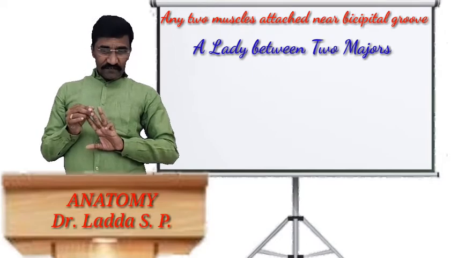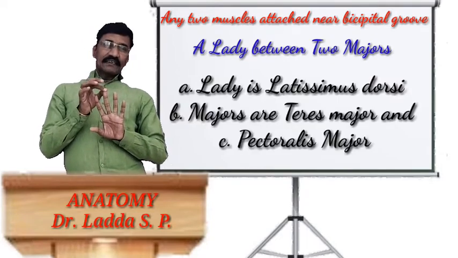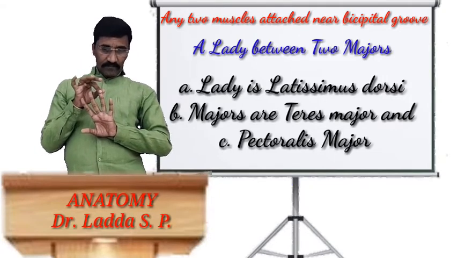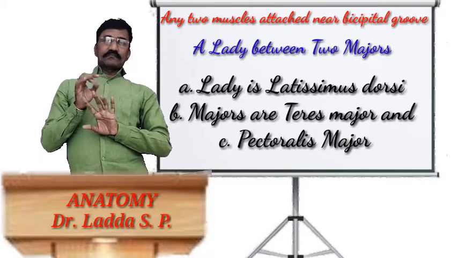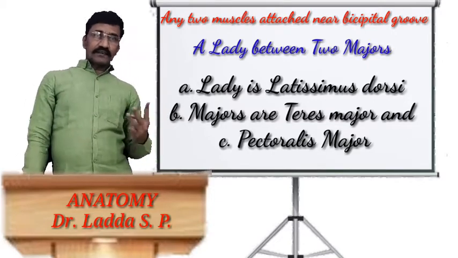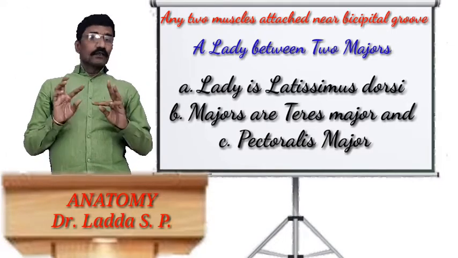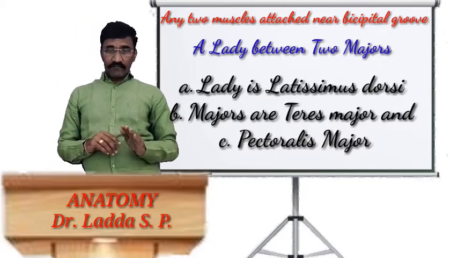For the muscles attached near the bicipital groove, a lady is latissimus dorsi, and the 2 maids are one teres major and one pectoralis major. So the latissimus dorsi is centrally placed, and by its side the 2 maids, teres major and pectoralis major.